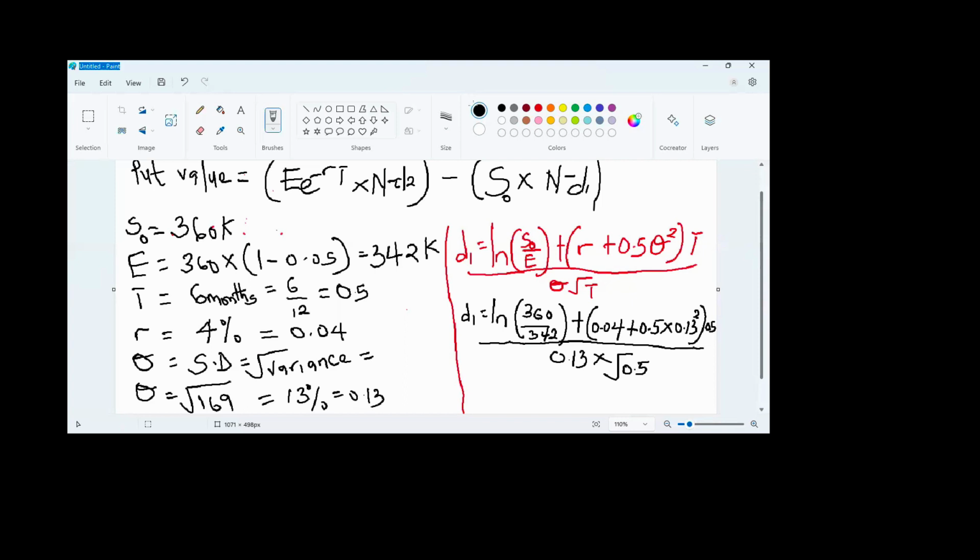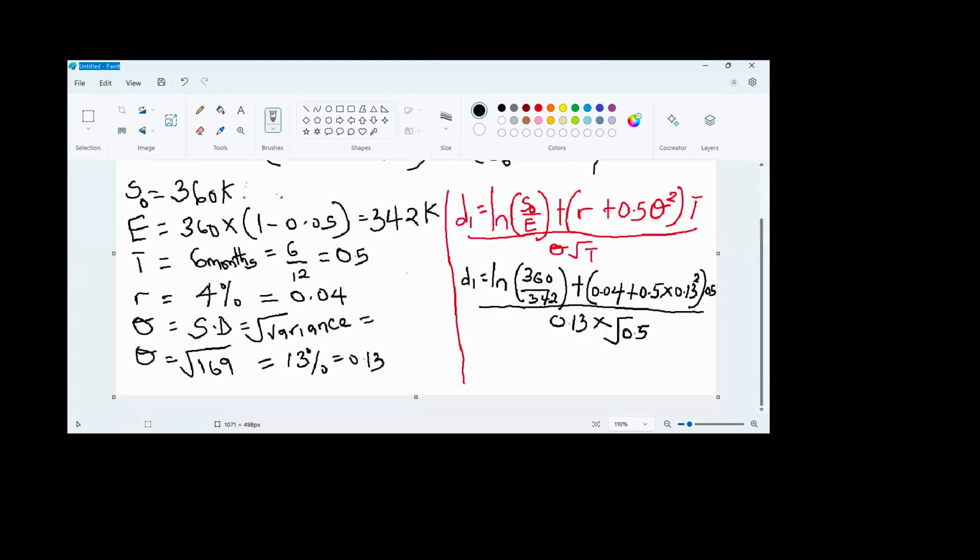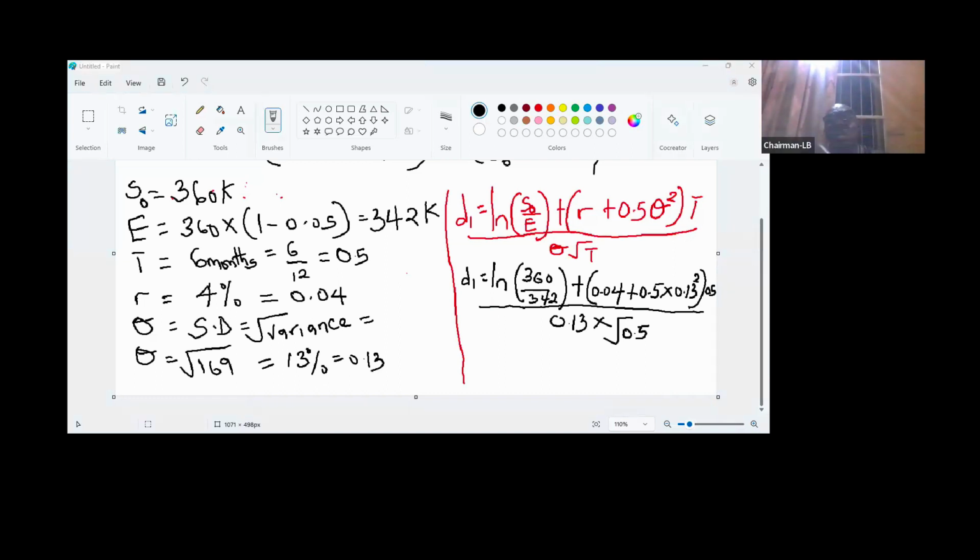Please, if you are genuinely interested in learning this, let us get our calculator. I'm going to enable my video temporarily. Pick your calculator. Look at my calculator.